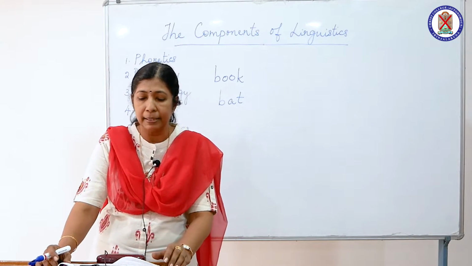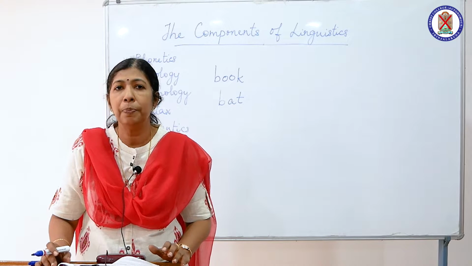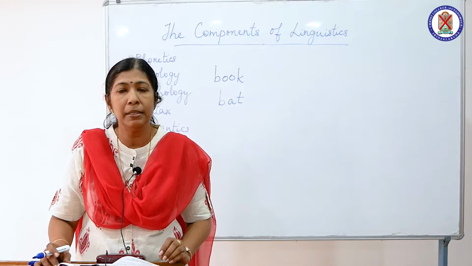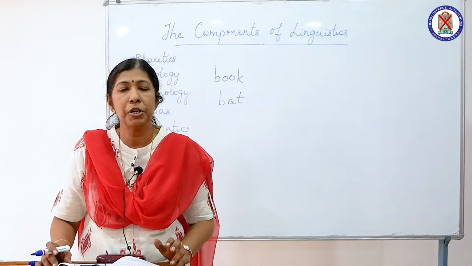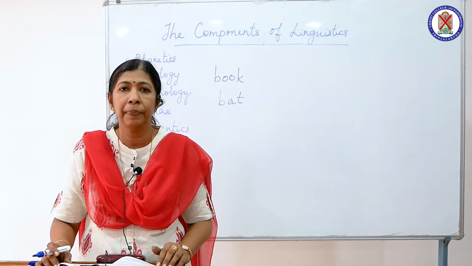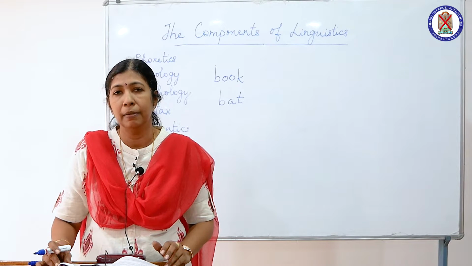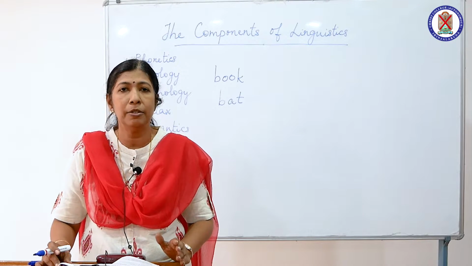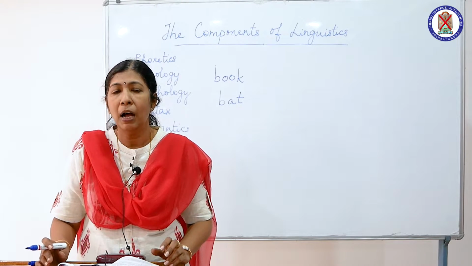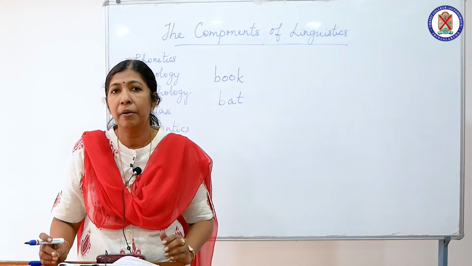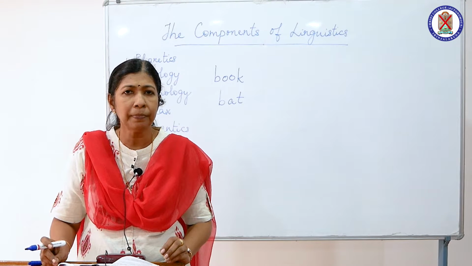So phonetics basically deals with how speech sounds are articulated or produced, the articulation or production of speech sounds, how speech sounds are transmitted from the speaker to the listener or to the hearer, and how speech sounds are received or perceived by the listener.